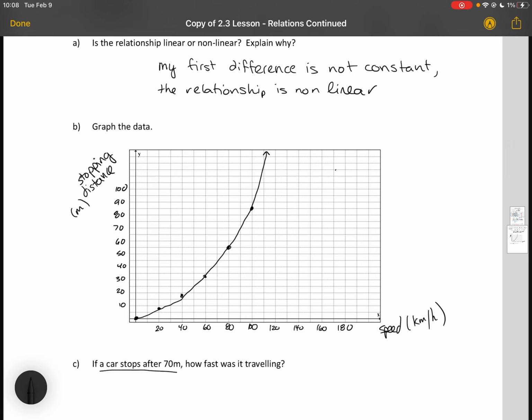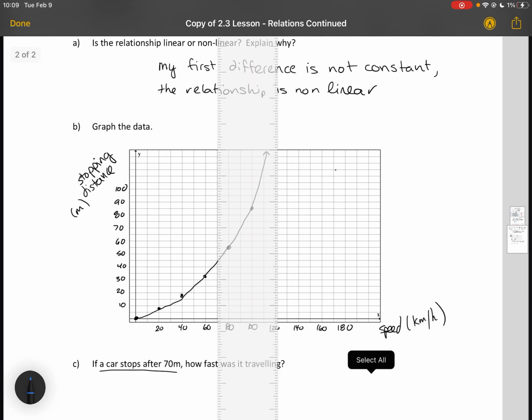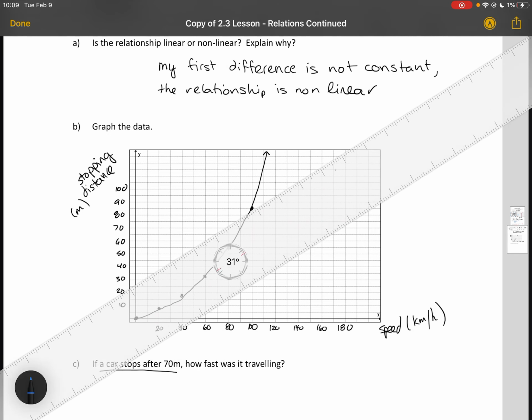The last thing that we're going to do is just analysis on the graph. If a car stops after 70 meters, how fast is it traveling? So using my ruler, I'll do blue. I'm going to go to 70, let's say.